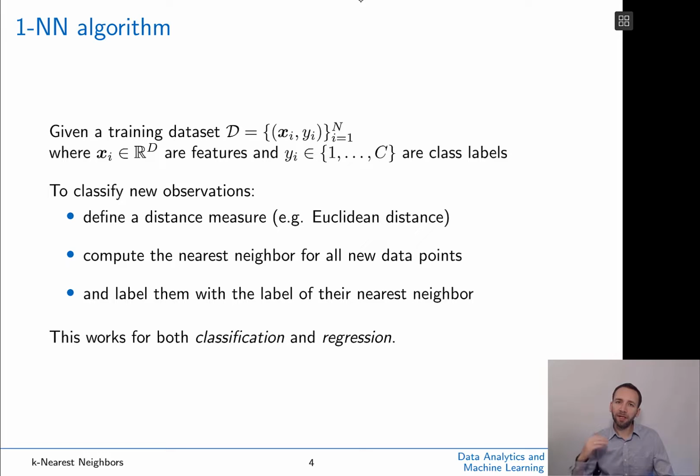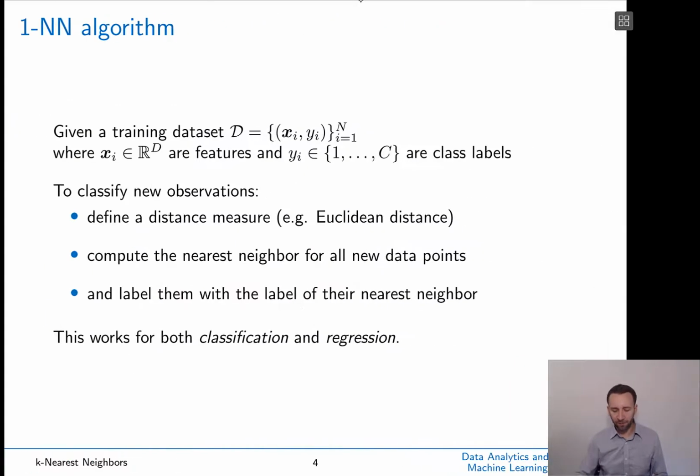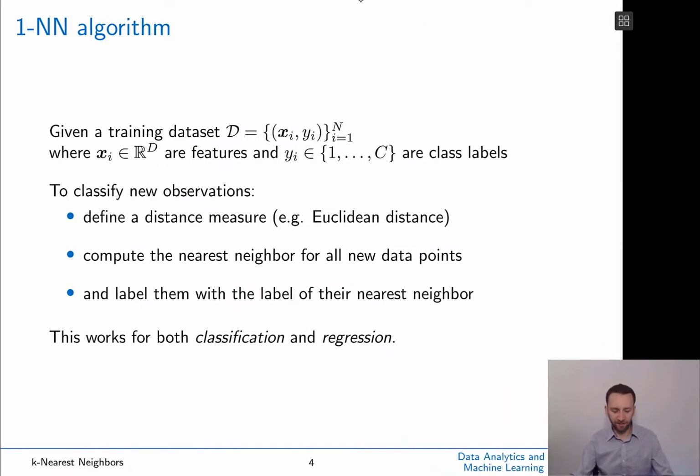Then what we need for a 1-NN classifier, or KNN in general, are the following steps. First, we have to define a so-called distance metric, which measures which other instances are similar to myself, so we define which instances are close by. Often we use, for example, Euclidean distance.